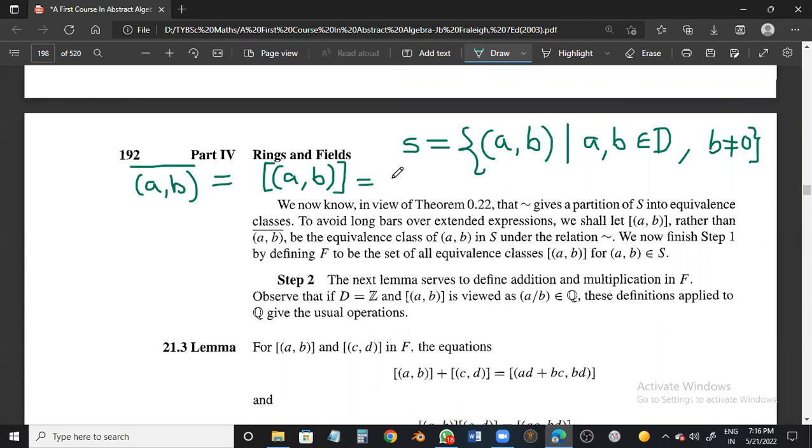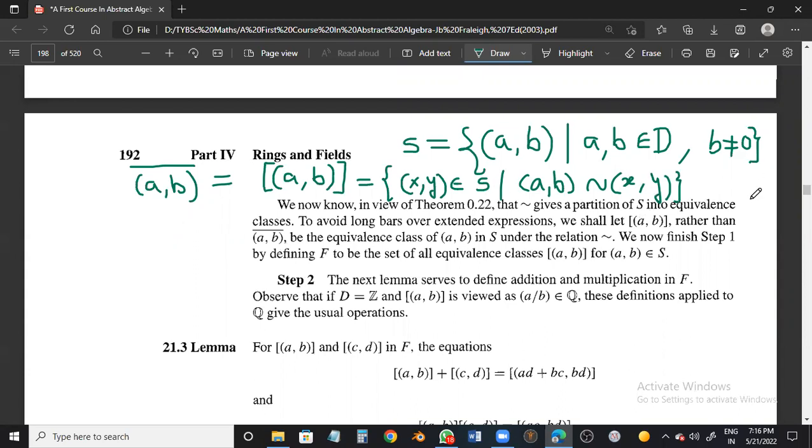This box contains all ordered pairs XY from S such that AB tilde XY. So those pairs which are equivalent to AB form the equivalence class.